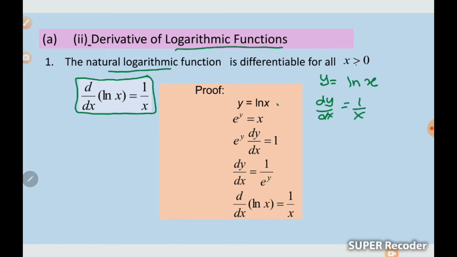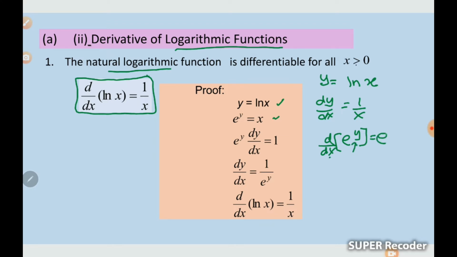Given y equals ln x, we change from log form to exponential form: e^y equals x. Then differentiate both sides with respect to x. Differentiating e^y is an implicit differentiation, because we want to differentiate a function of y with respect to x.